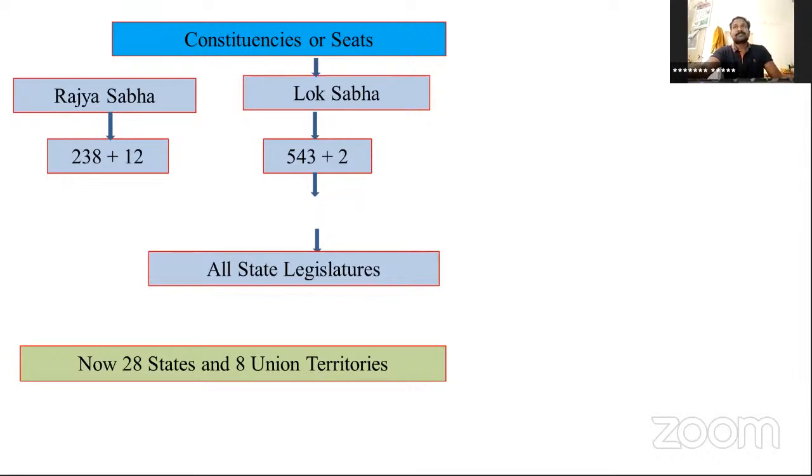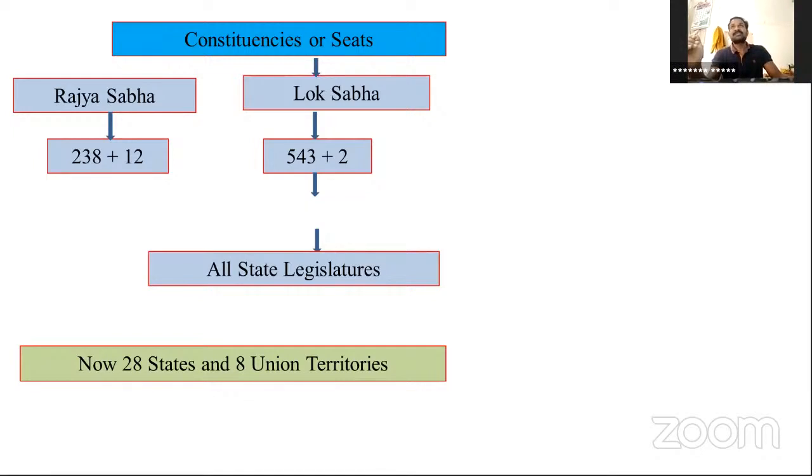According to the Delimitation Act of 1971, our entire India was divided for the Lok Sabha and for the legislatures of all states. It was divided into territorial units. These territorial units are called constituencies.